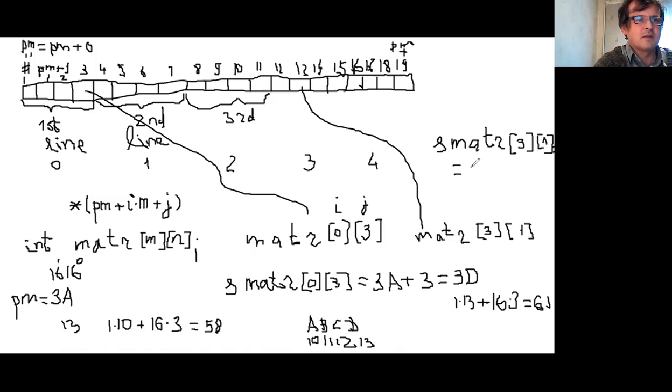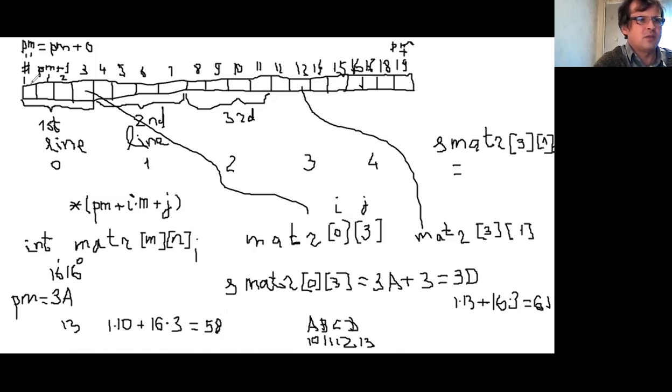So what is it necessary to add? So to 3D it is necessary to add 9. Or it is better to start from 3A and add 12. It will be the same. Start from 58 and add how much? 58 plus 9 will be 67.